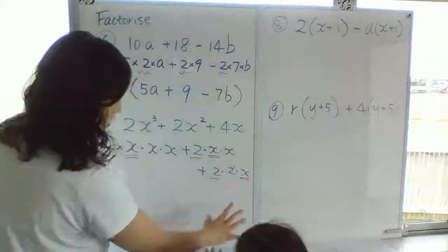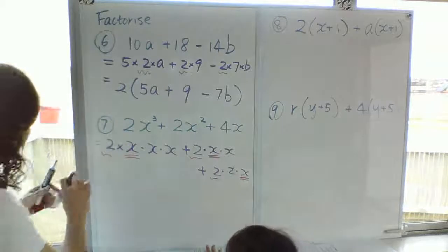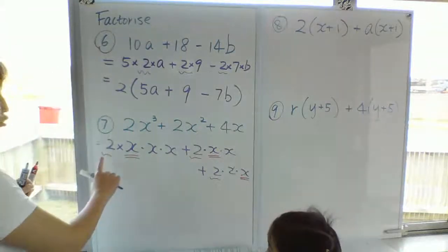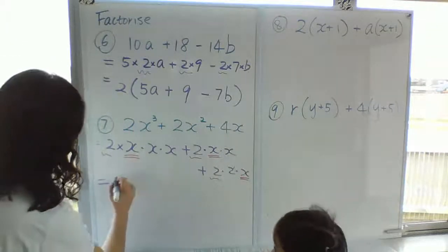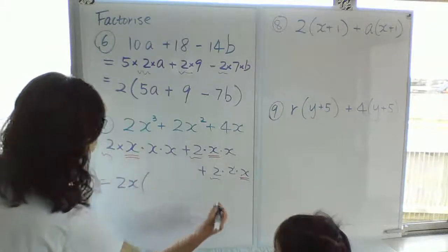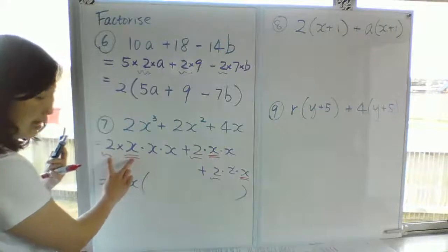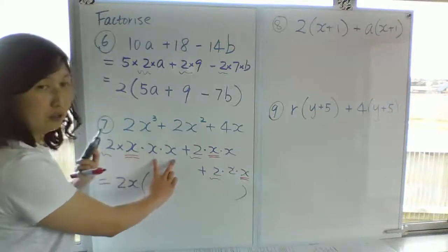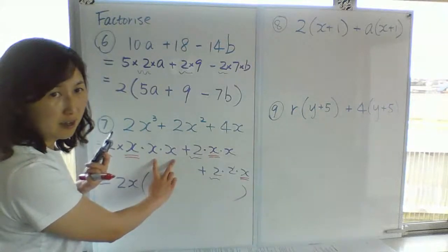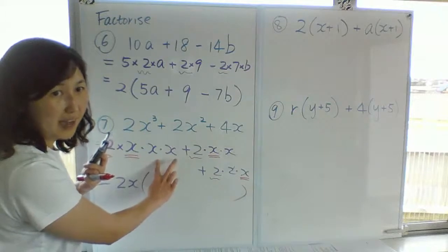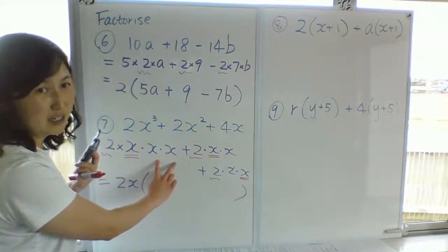Now I think I already counted everything. So now I'm going to take the common factor out, which is 2x, 2 times x. And I'm going to put the brackets on. If I take the 2x out from the first term, what's left? X times x, right? Everyone agree?